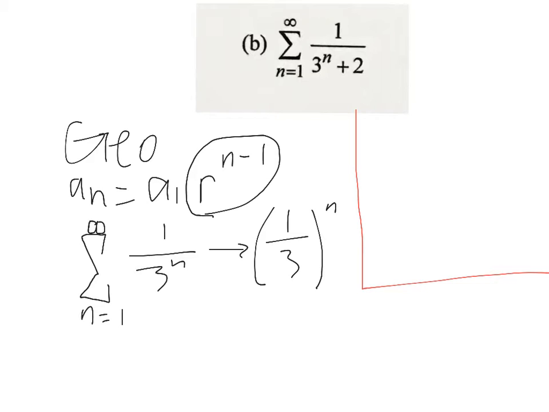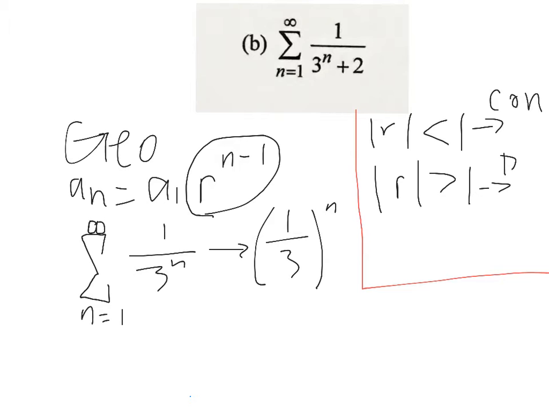If the absolute value of r is less than 1, then it will converge. Inversely, if the absolute value of r is greater than 1, then it's going to diverge. If we take those rules and look back to our original problem, seeing how the absolute value of 1/3 is less than 1, the answer to this problem is that it's going to converge.